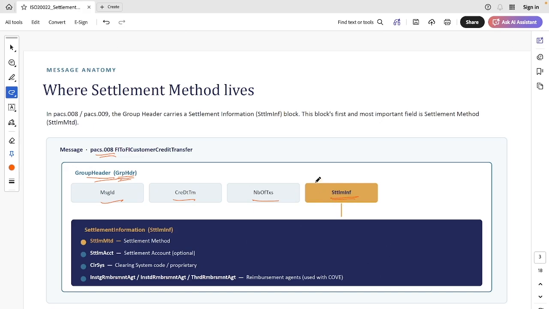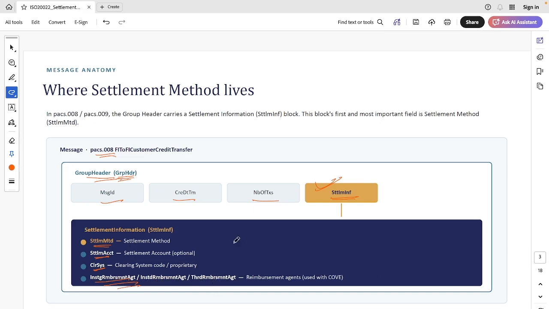Inside this settlement information, we have some more subfields. Settlement information is like a payment settlement instruction section. It tells the receiving system how the payment should be settled between the banks. So it has a settlement method, settlement account, clearing system, and many other items like instructing reimbursement agent, instructed reimbursement agent, third party reimbursement, and so on.